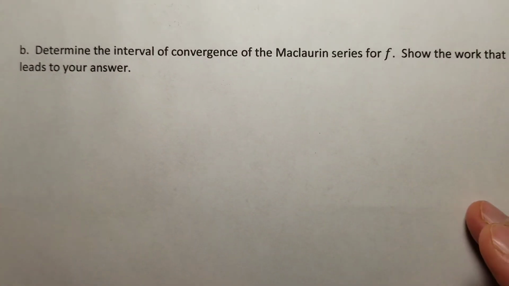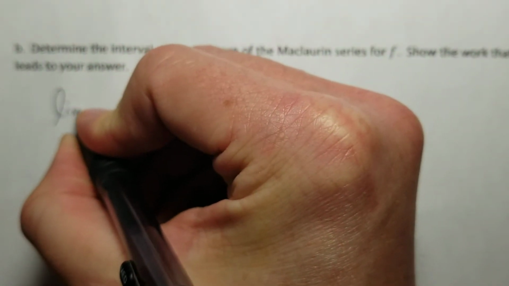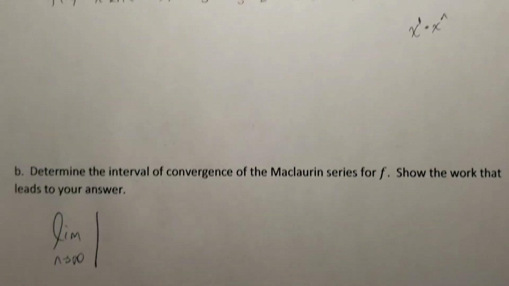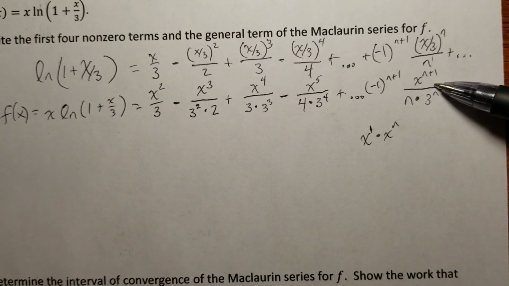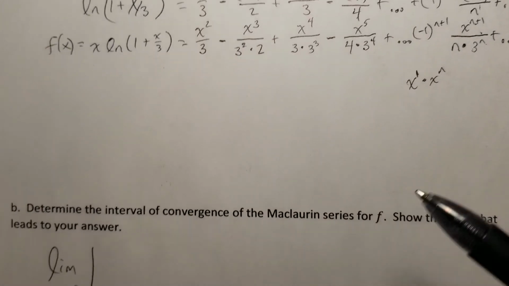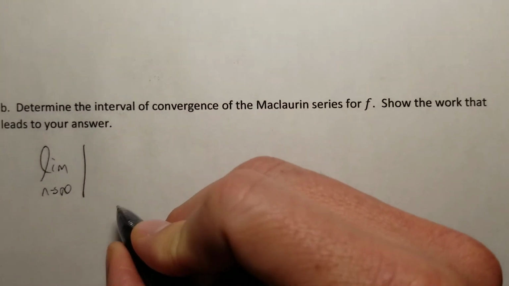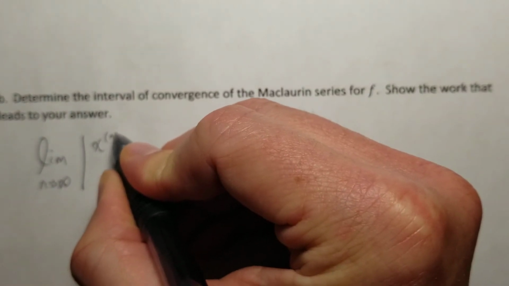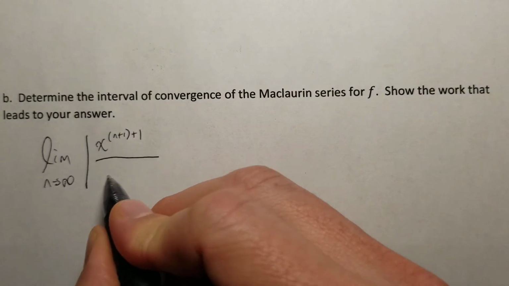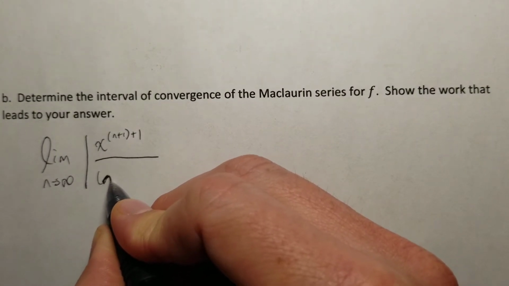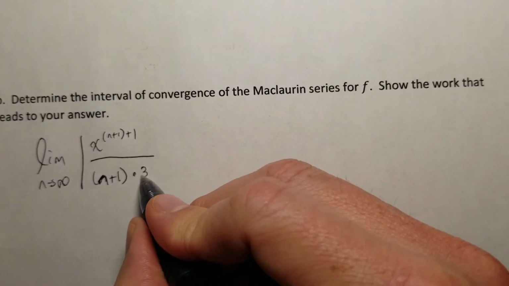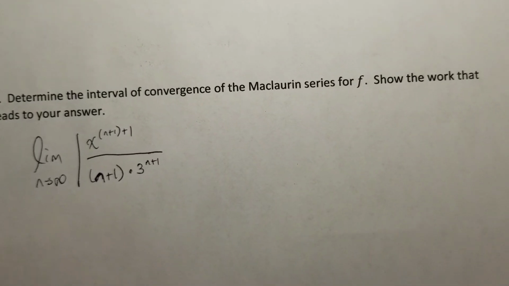So let's go ahead and jump into that. I'm going to start with the limit as n goes to infinity of the absolute value of the nth plus 1 term. So I'm going to plug n plus 1 into all three n's. So I will end up with x to the n plus 1 over, instead of n, I'll end up with n plus 1 times 3 to the n plus 1.